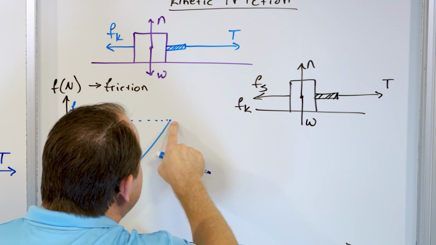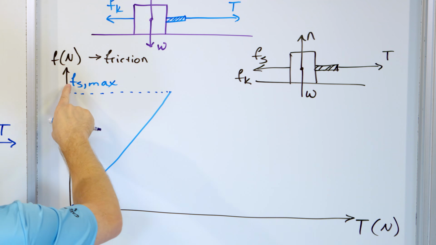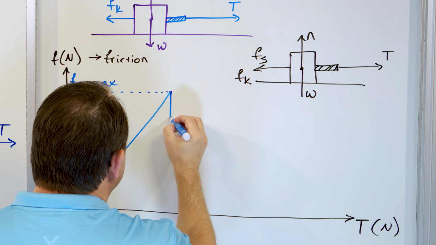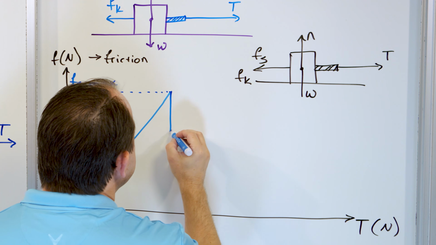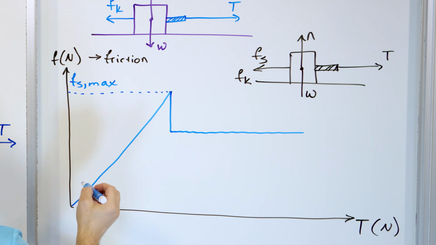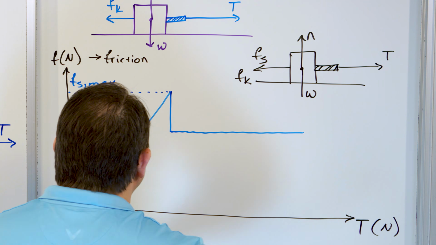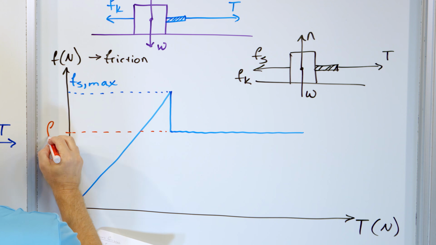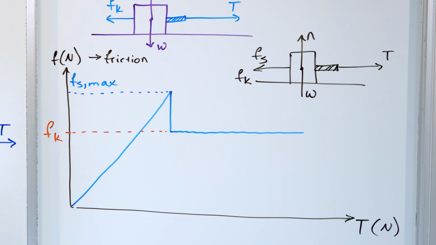Eventually, if I keep pulling even more than that maximum frictional force, the frictional force drops dramatically down, and then we continue along to the right at a lower value of a frictional force. And that lower value of the frictional force is called the kinetic frictional force. This is the kinetic frictional force right here.